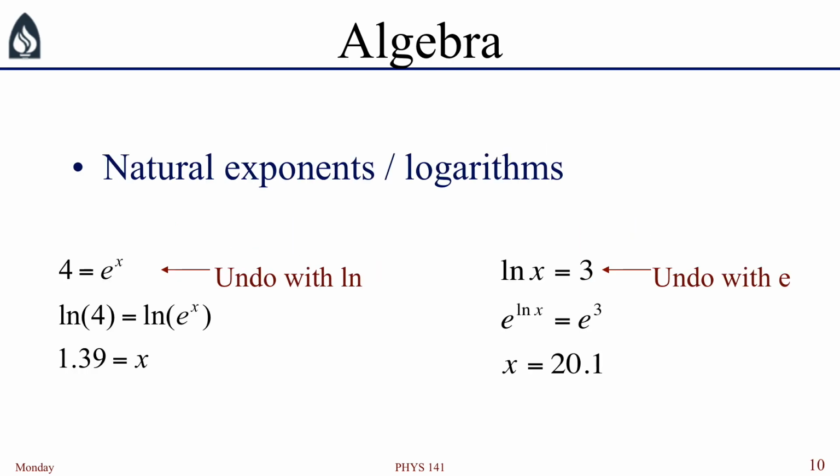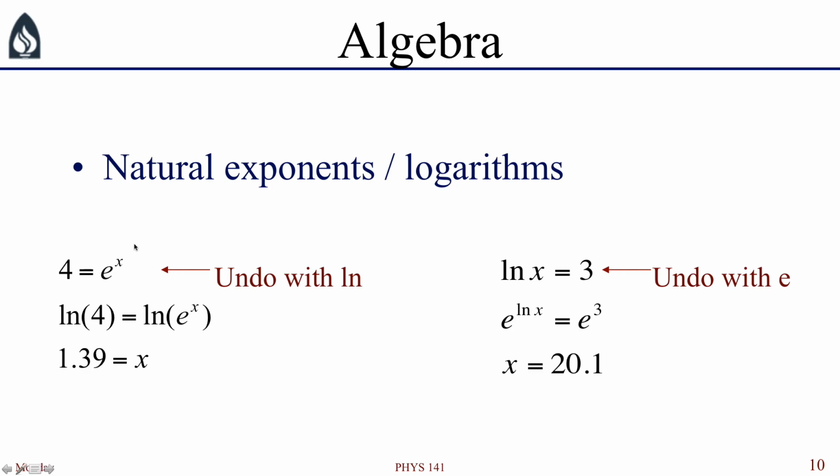Now we'll also be using a lot of algebra and doing algebraic manipulations with equations. So this is just a reminder of some algebra facts. With natural exponents and logarithms, you should remember from your algebra class that a natural exponent and a logarithm are the inverses of each other, and you use one to undo the other.